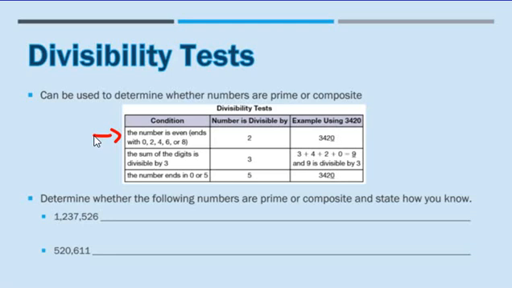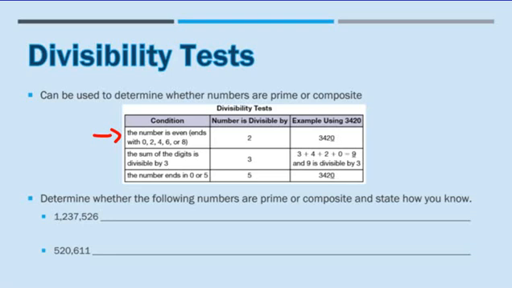So we want to determine whether the following numbers are prime or composite and state how you know. So here we have 1,237,526. We want to determine, is that prime or is that composite? So I know that it ends in a 6, and I know that 6 is an even number. So I know that it is divisible by 2.